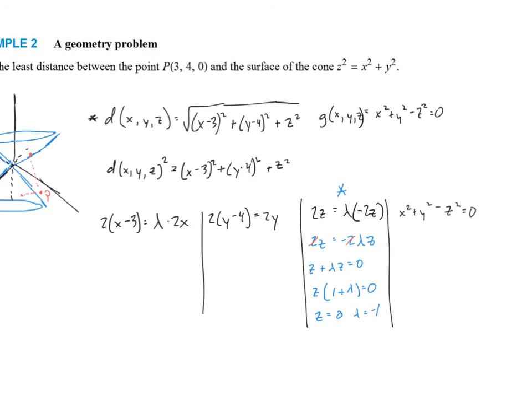Now take my first solution, z equals 0. If z equals 0, let's say I try to substitute that into the constraint for z. Well, that would basically imply that x and y both have to be 0 also. If z is 0, then I have x squared plus y squared equals 0, so I wouldn't get a valid solution out of that, because it would not satisfy this equation or this equation.